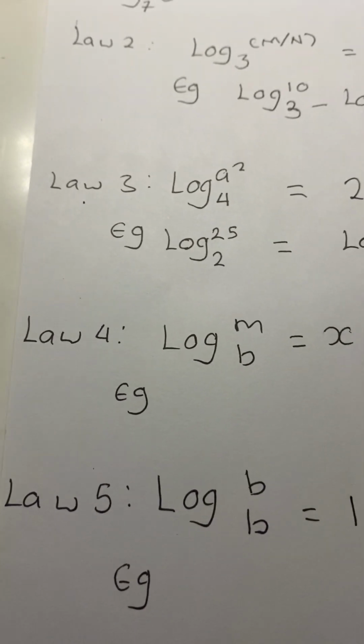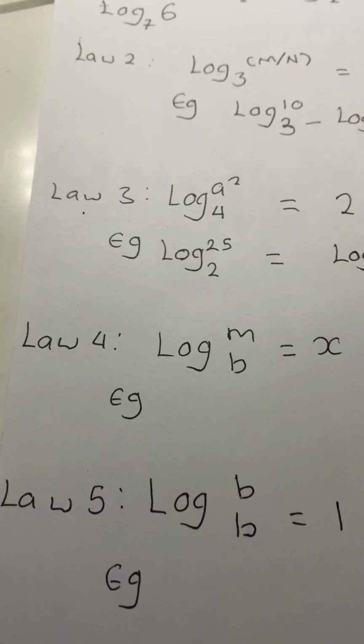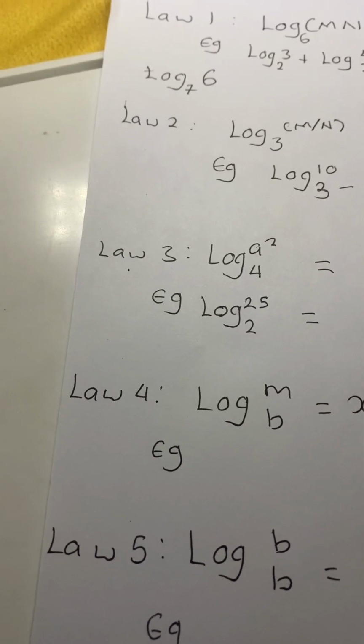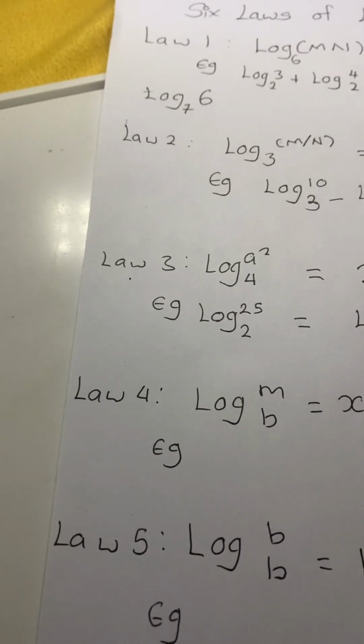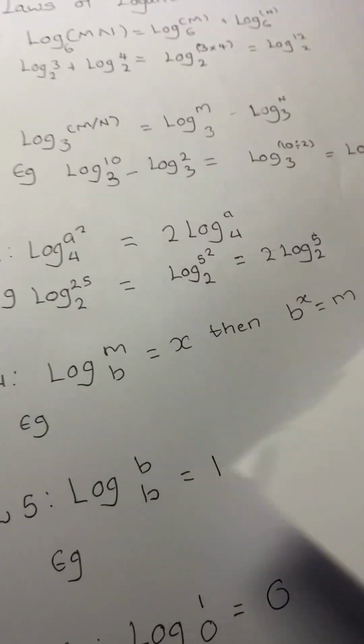Then the fourth law says that, this is the definition of logarithms, where I told you that the logarithm of a number is the power to which the base of the number must be raised. Always keep it in your mind.